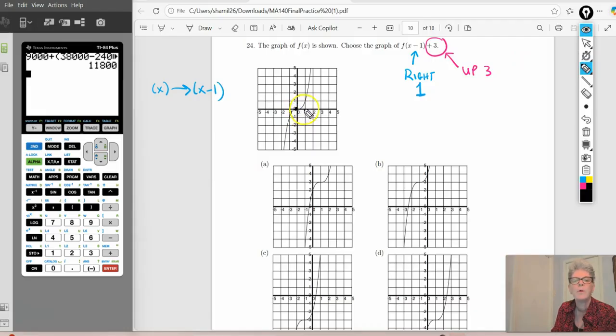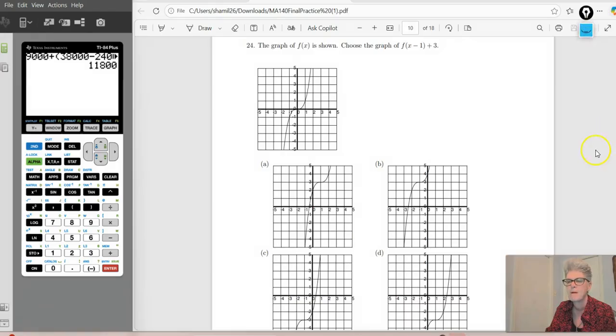And we're going to go right 1 and up 3. So our shifted one should look like that. Okay, and out of these selections, that's going to be this one here. All right, so even though I didn't draw it so great, it's going to be selection A. Okay. All right.